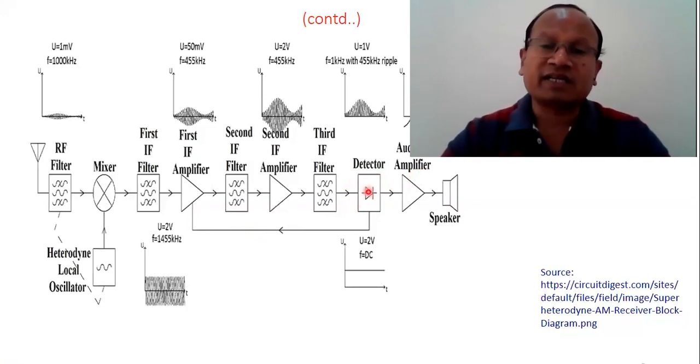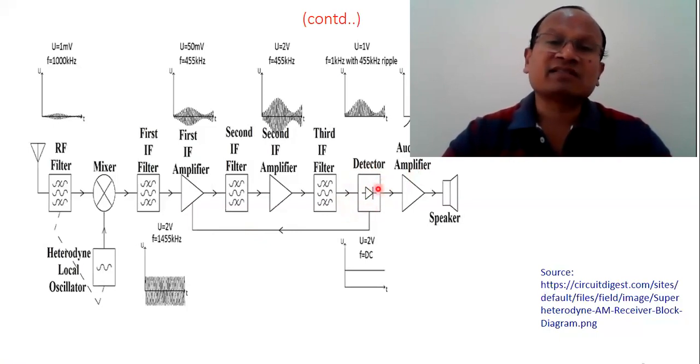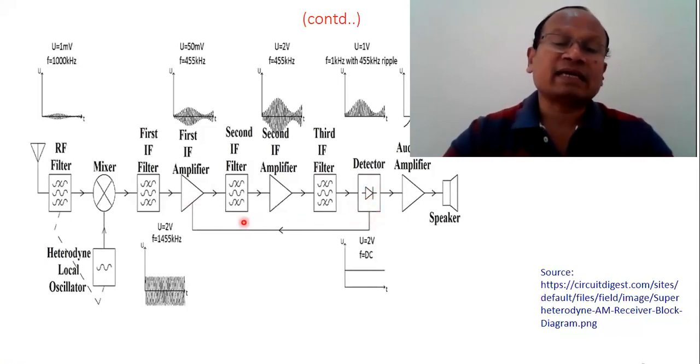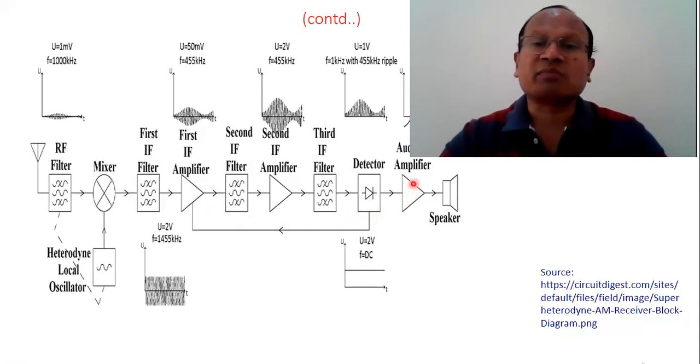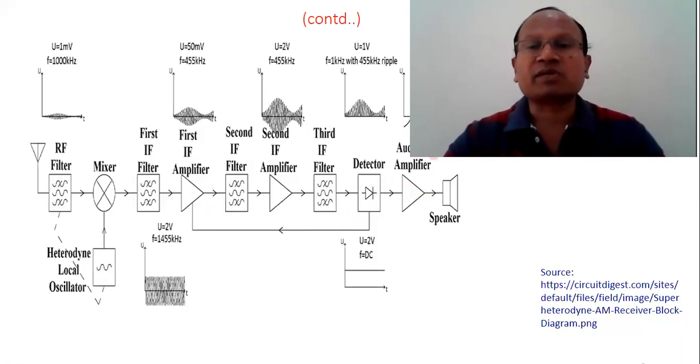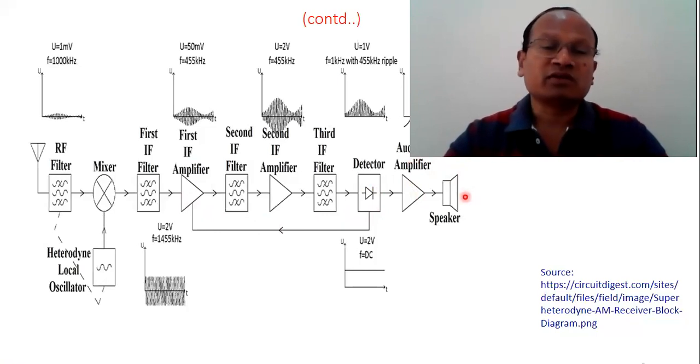To avoid that, until the amplitude variation is removed, we pass some DC bias in a negative manner to the IF amplifier, so that the amplitude variation gets corrected. This mechanism is called AGC, automatic gain control, so that amplitude variation is eliminated, and we get a proper gain control and the appropriate signal strength of audio while delivering to the speaker.